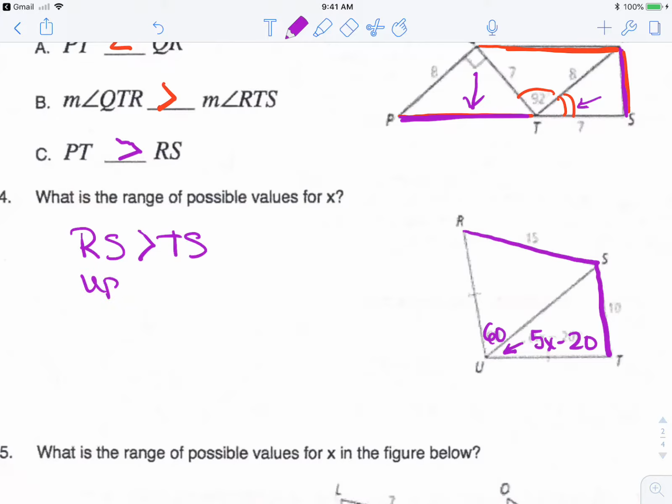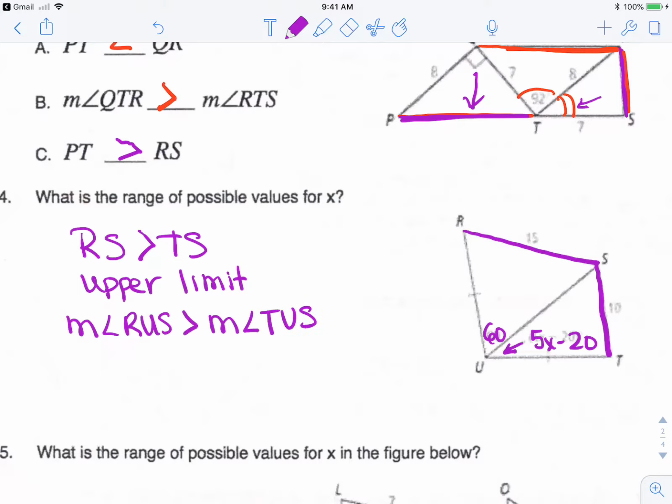All right, to find the upper limit of what x may be, I'm going to look at the measure of angle RUS. I know that the measure of RUS is going to be larger than the measure of angle TUS.